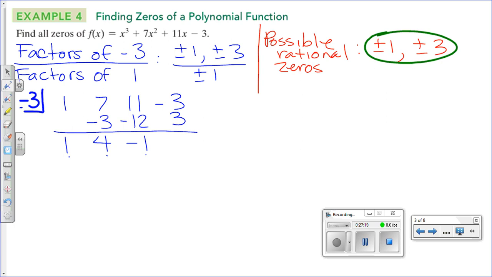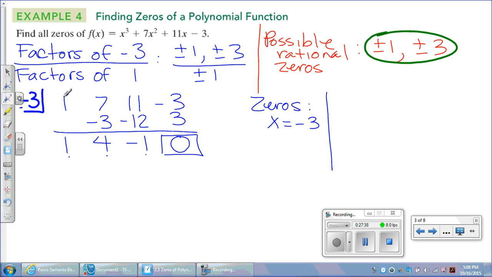And then we combine like terms, so negative 3 plus 3 is 0. So the fact that the remainder is equal to 0 tells me that my first 0 is going to be negative 3.